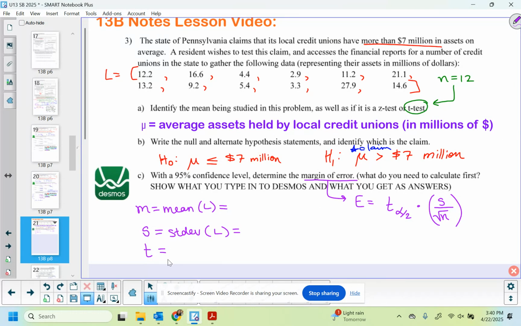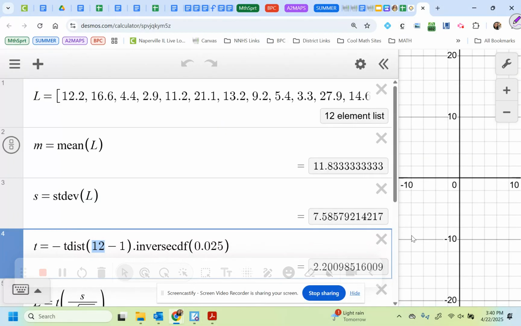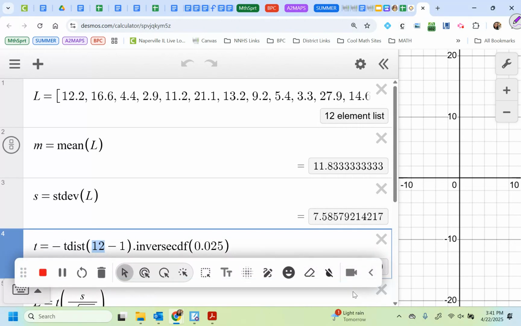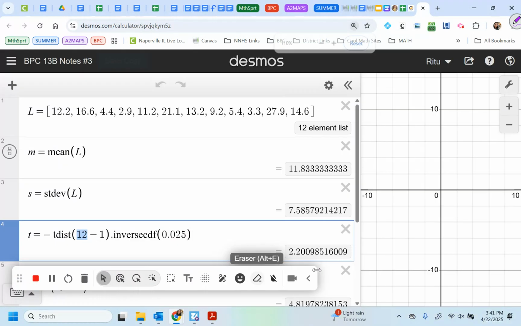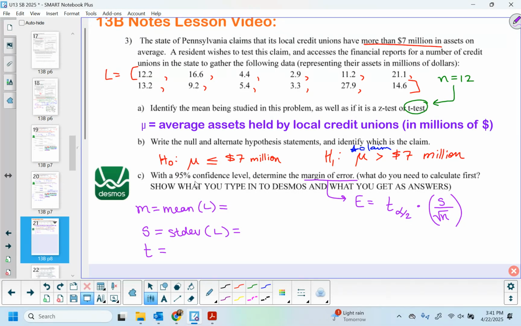And then for alpha over 2 here, I'm going to use, sorry, I need to hide this guy. I'm going to use 0.025 because when you look at the confidence level, 95% confidence level means my alpha is 0.05. So my alpha over 2 is 0.025.